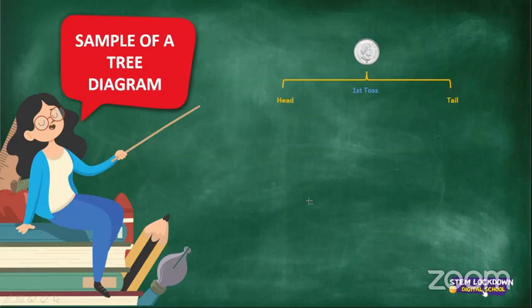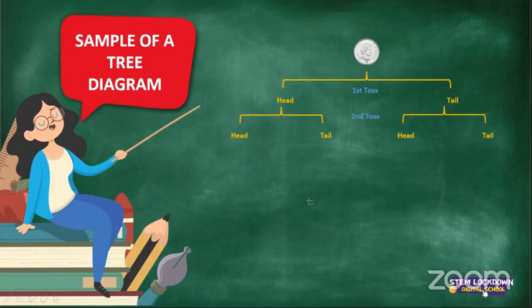Now, if we flip the coin a second time, what would happen? That head would either have a head or a tail, right? And the tail would also have a head and a tail, right? Everybody understand?